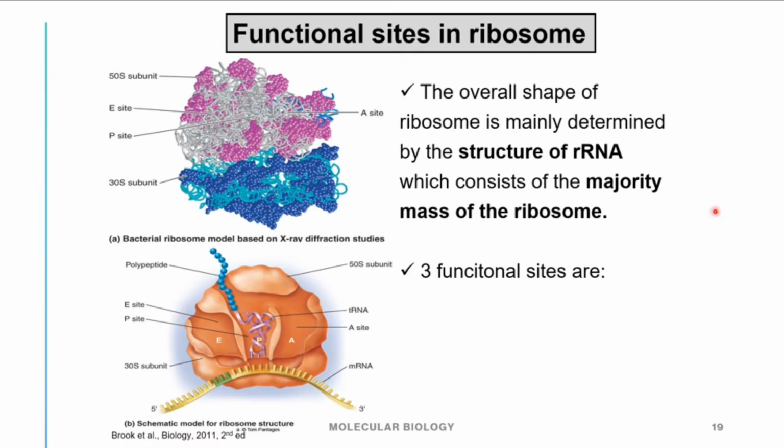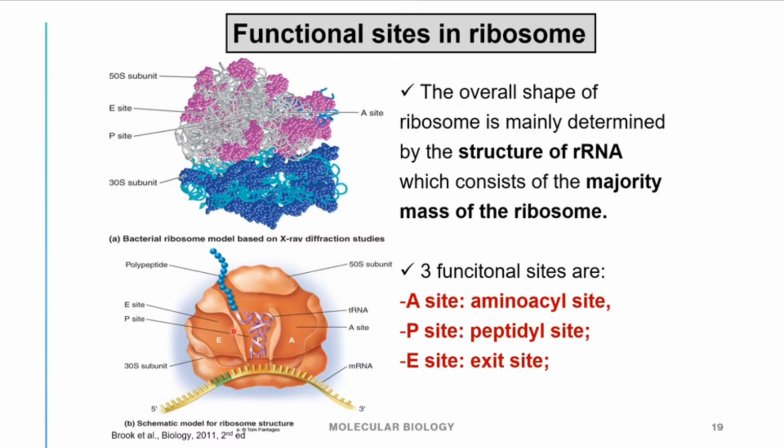Now, if you were to cut this ribosome open from the middle, you will see three different functional sites. We have from the right, the A site or amino acid site, the P site, the peptidyl site, and lastly the E site, the exit site.